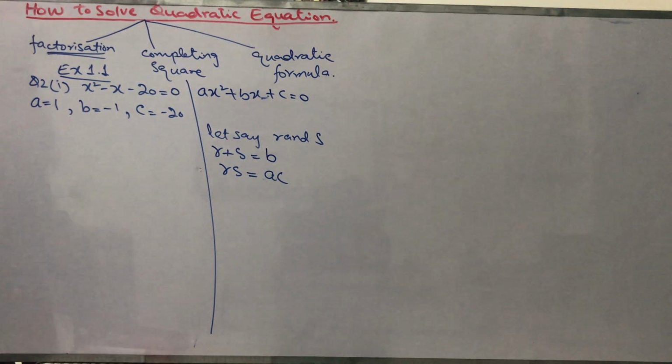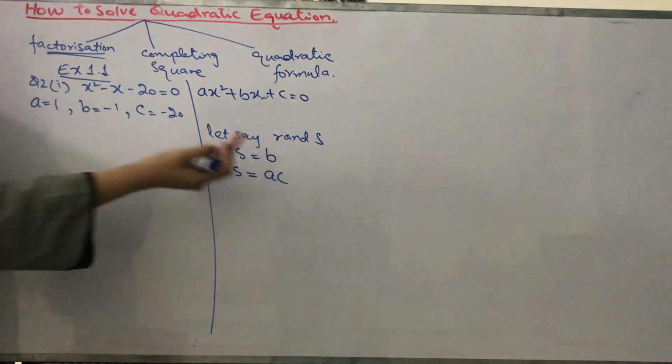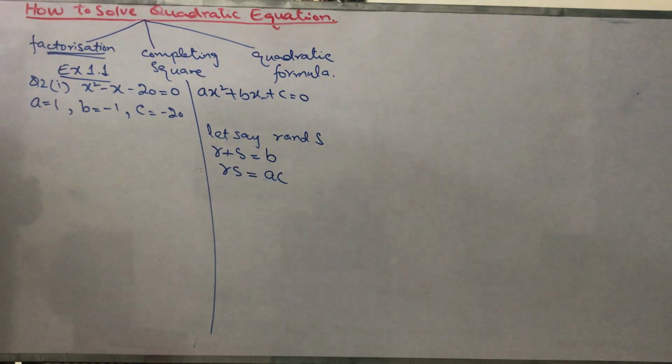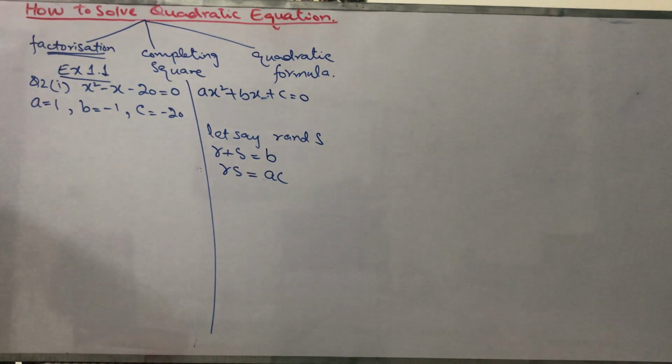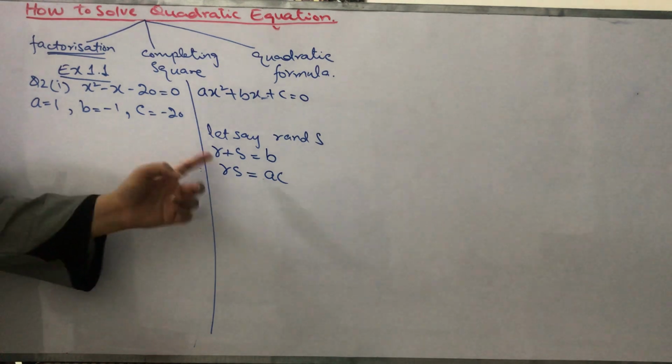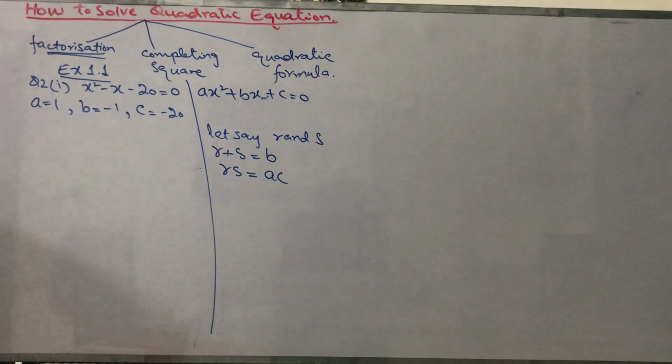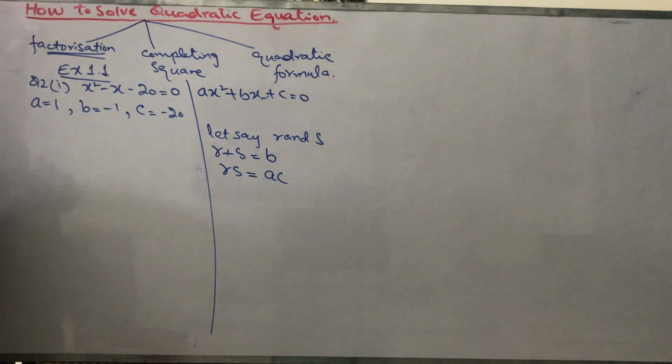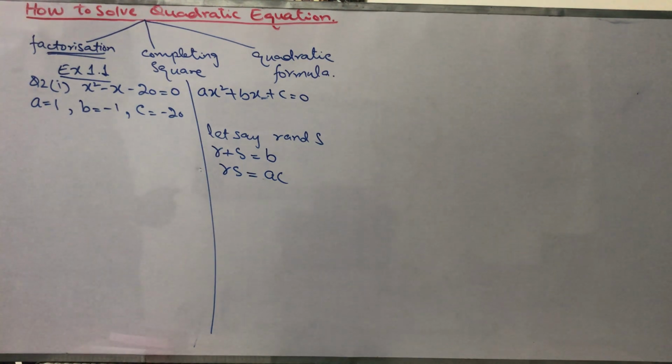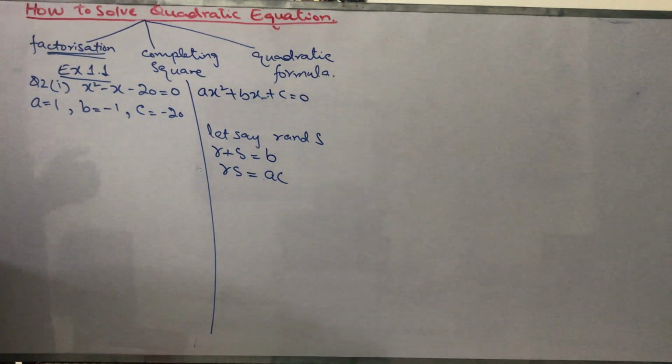So what do you need? What is the value of b? Minus 1. It means you have to think about two numbers. When you add them, your answer should be equal to minus 1. And when you multiply them, your answer should be equal to minus 20. So, minus 1 and minus 20, you can think of different numbers, like 2 tens are 20, right? 2 and 10.